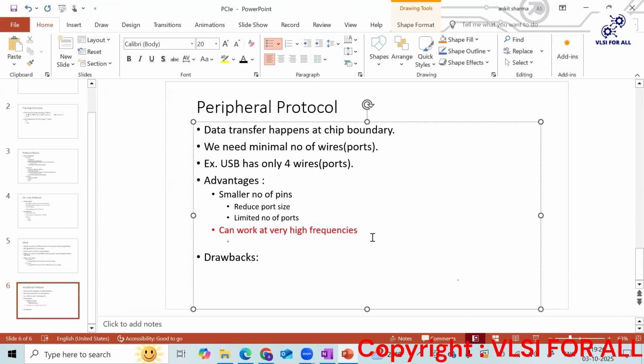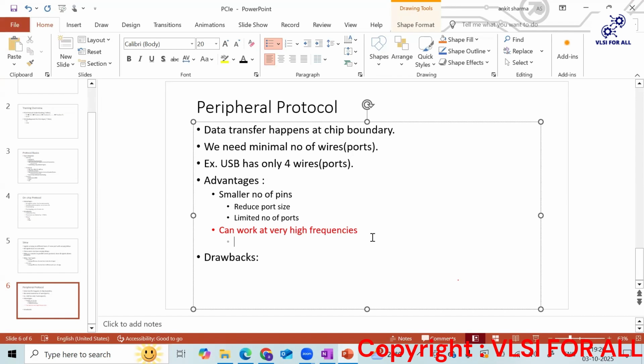Sir, we can store in a cache-like memory, and then we can store in the original thing, like the transfer happens. Any memory is a flop only, right? Yes, sir, flop only. So if a clock is there, definitely setup and hold violation will occur, because if a flop is there, it definitely has some internal delay.